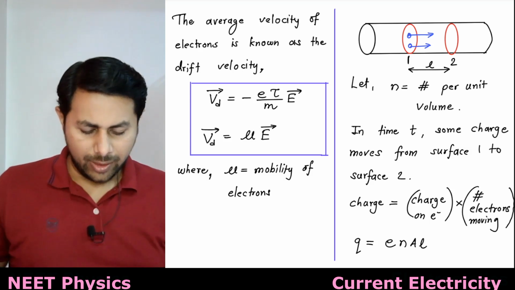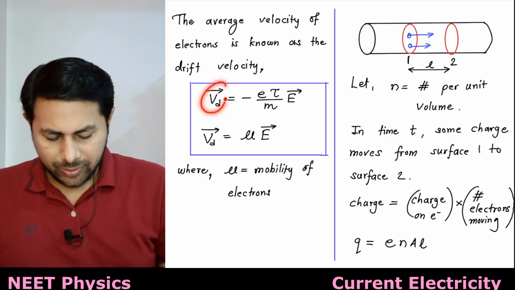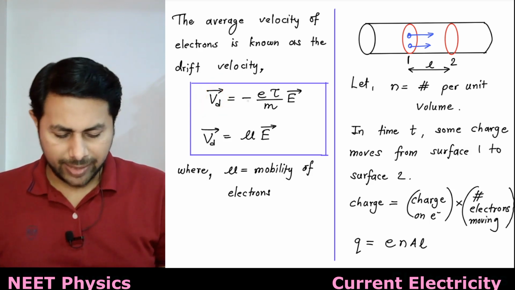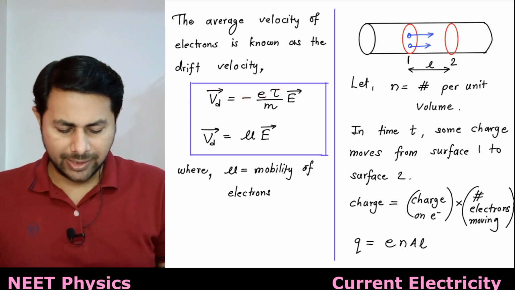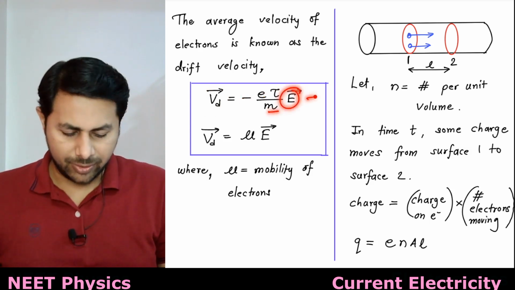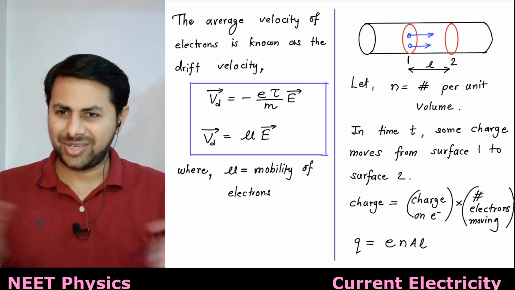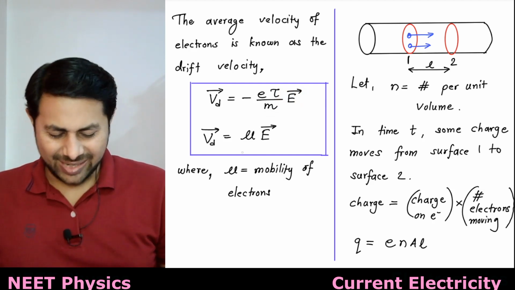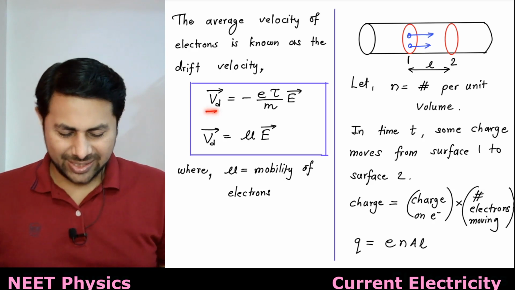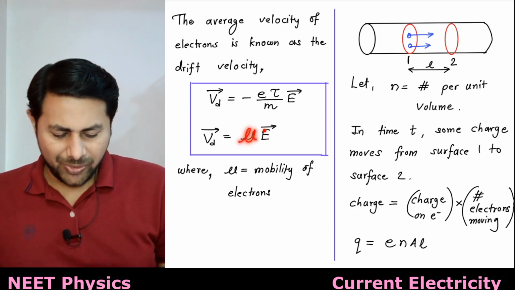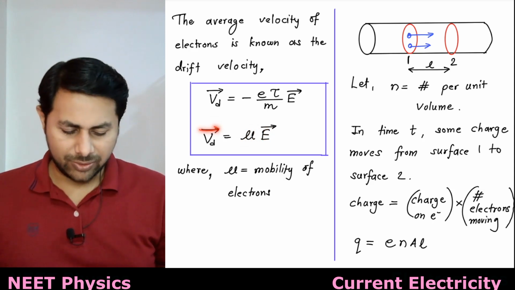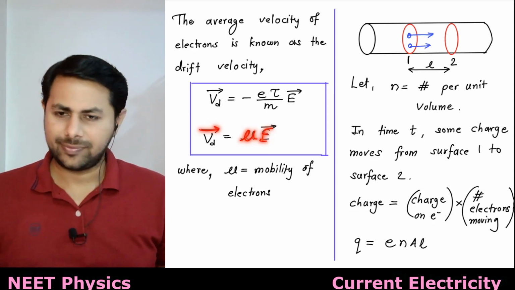So we have seen that this drift velocity is equal to, in vector form, minus e times capital E by m into tau. Again, we need to remember this. So this can be written as Vd bar is equal to mu times E bar.